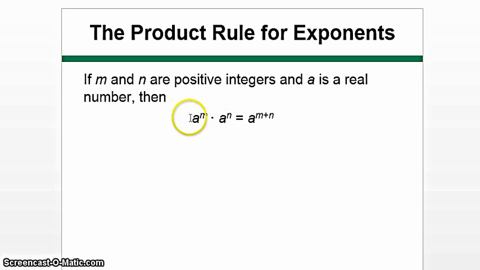If two exponential expressions are multiplied with a common base, the result will be the common base and the power will be the sum of the exponents.